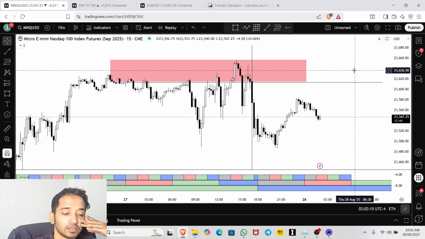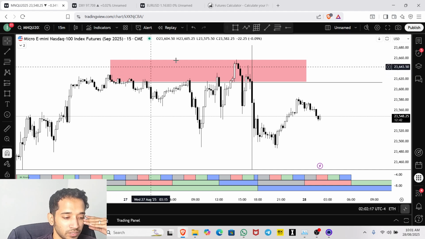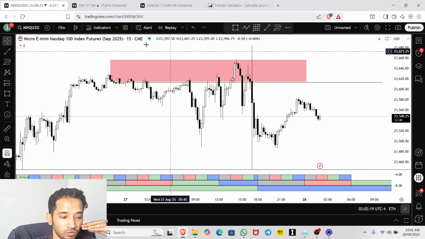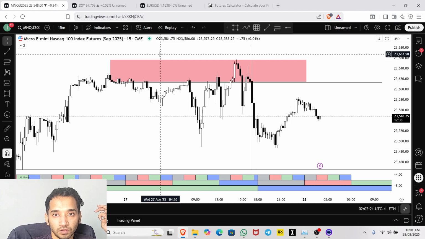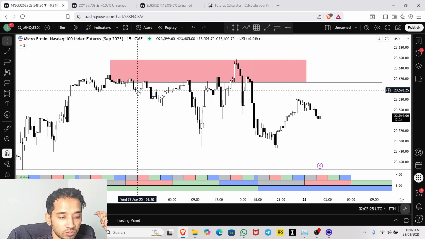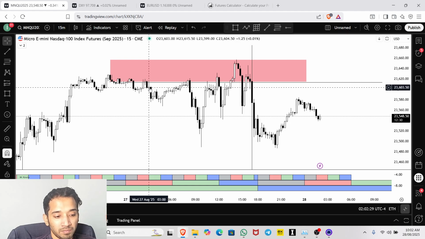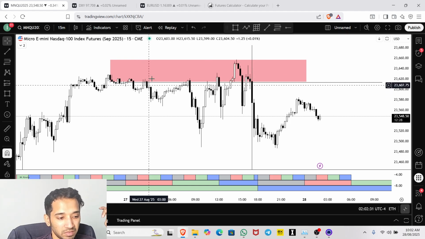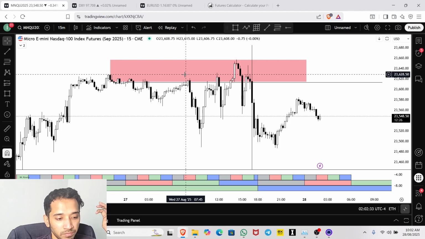Only if there are stacked true opens. For example, one true open is here and then another one, maybe the 730 and 130 true open, is above it. Only then. But if you have a smaller time frame true open below the higher time frame true open, you don't want to buy. At least the idea would be short.